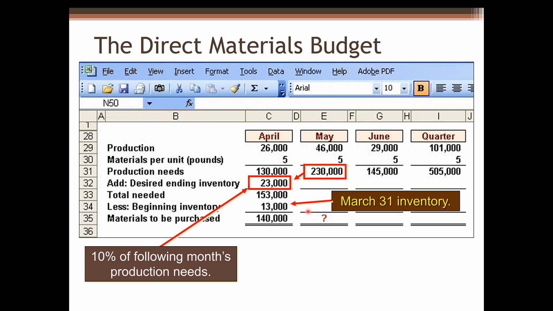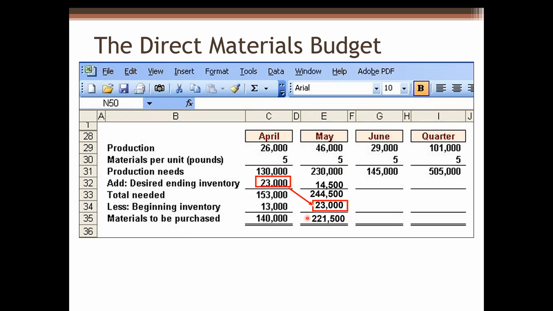For May, we do the same thing. 46,000 units multiplied by 5 gives production needs of 230,000 pounds of materials. Add the desired ending inventory, which is 10% of production needs in June, so this is 14,500.